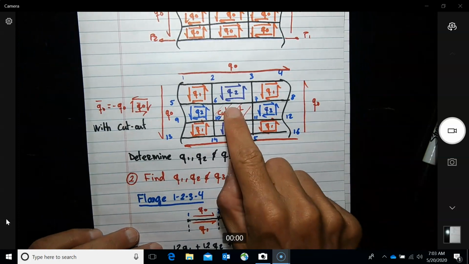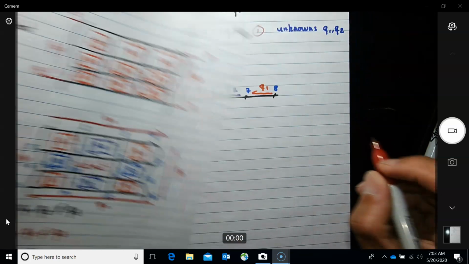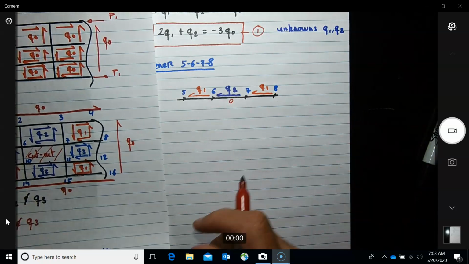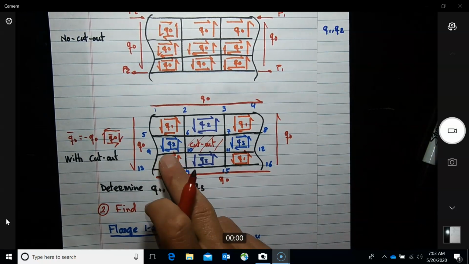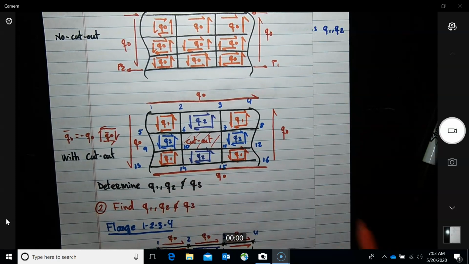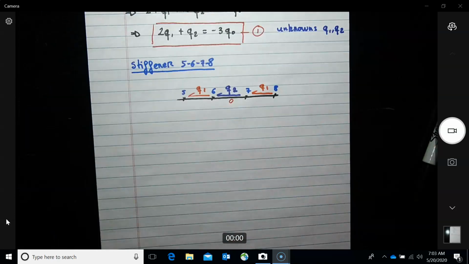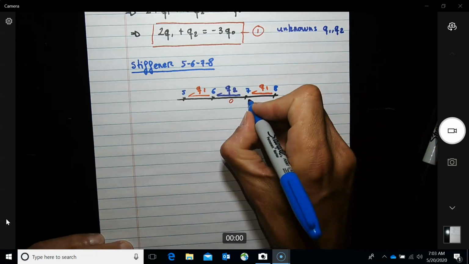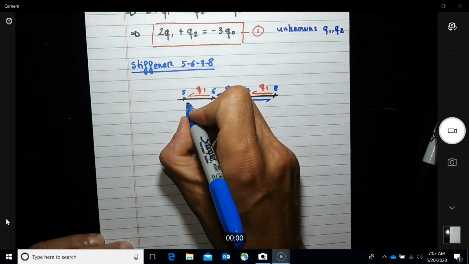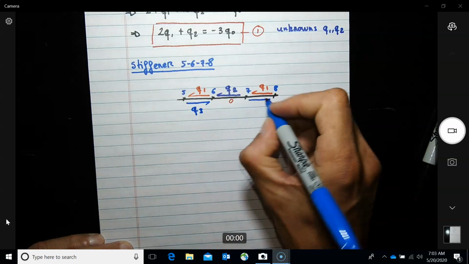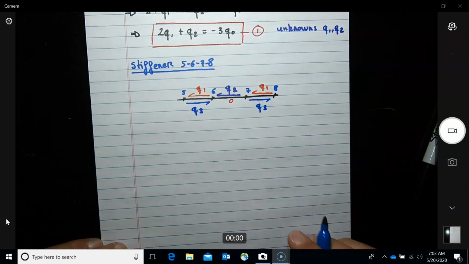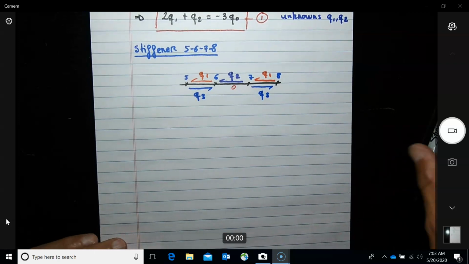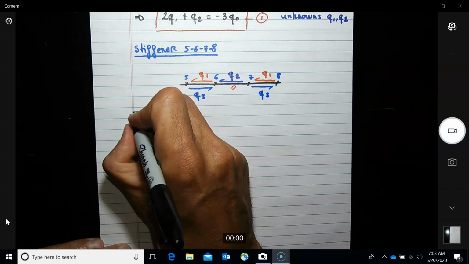Okay, and now what are you gonna have on this one? This one will be 0. So 0 over here. And then the other one would be Q3 going in the opposite direction. Okay? So now I do it in blue, so we're gonna have Q3 over here.